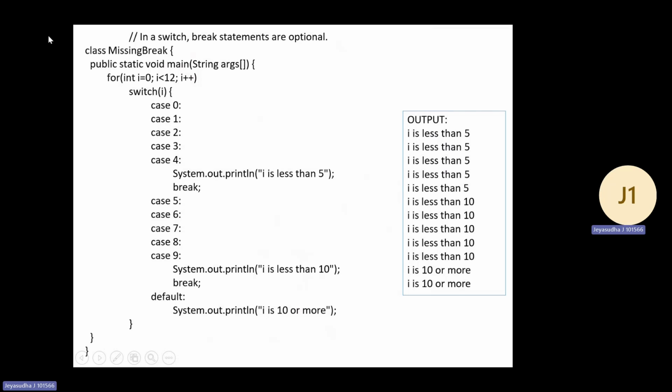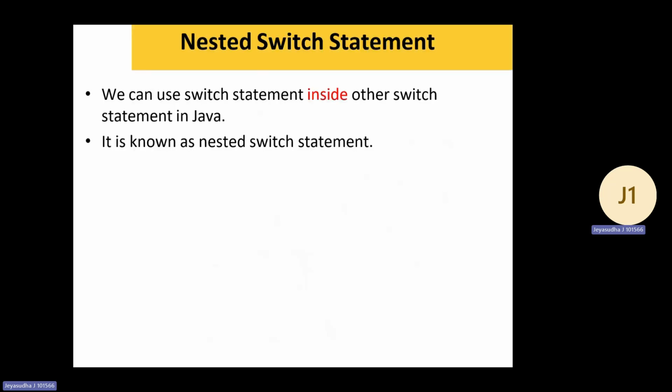Since I have given a for loop, the output is like this. You can try your own value, and see what it gives when we give only one value. So this is about switch.